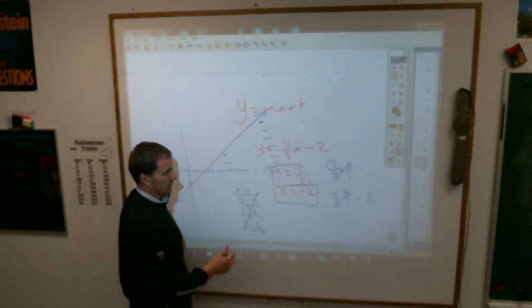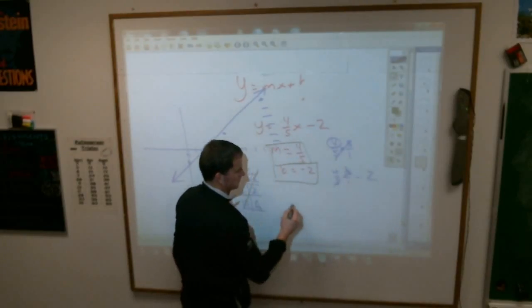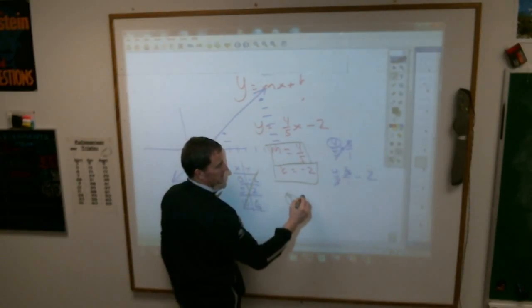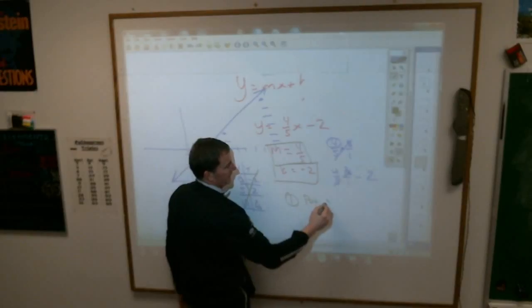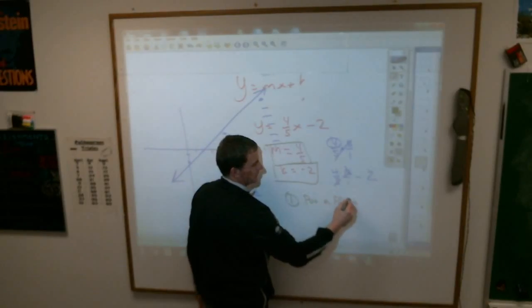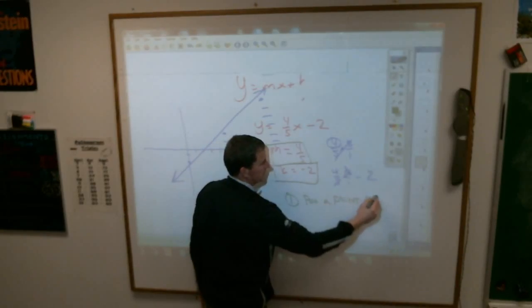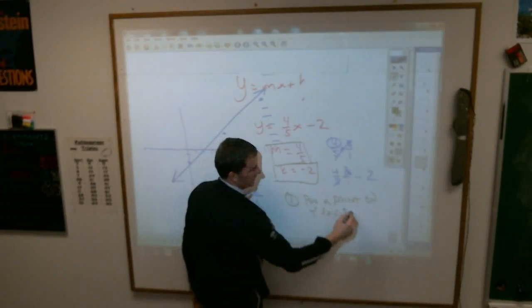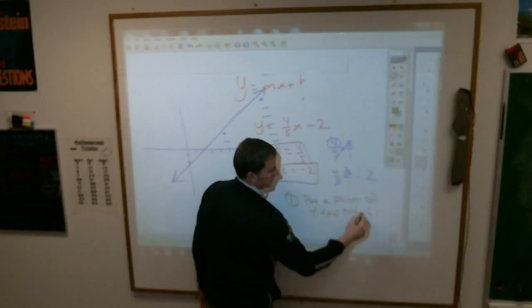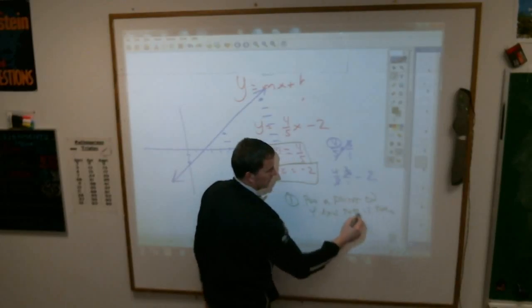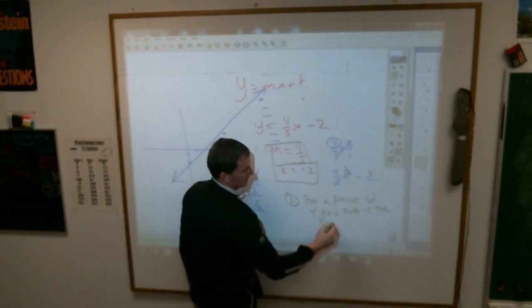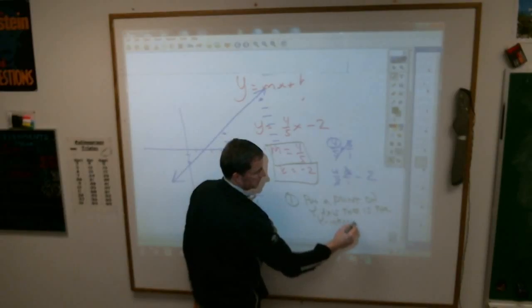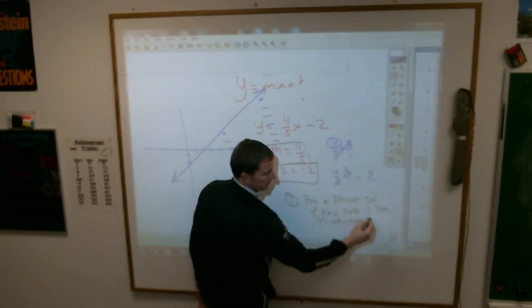Now write this down, because the first step, step number 1, is put a point on the y-axis that is the y-intercept, which just so happens to be the letter b.